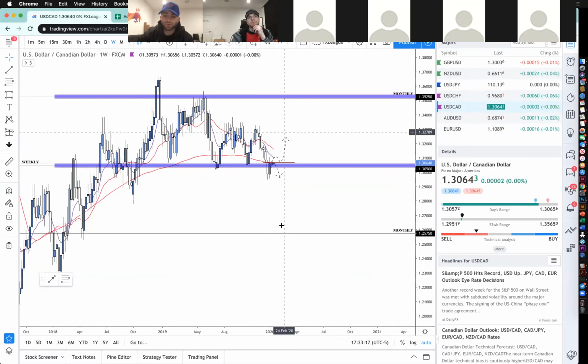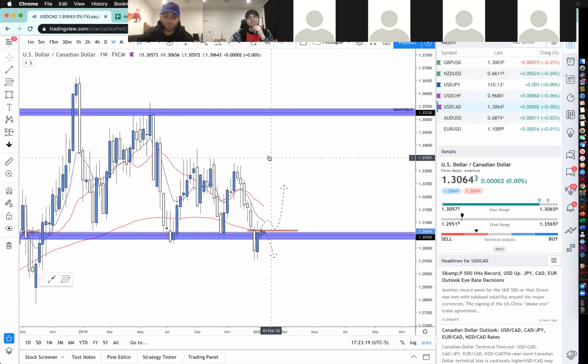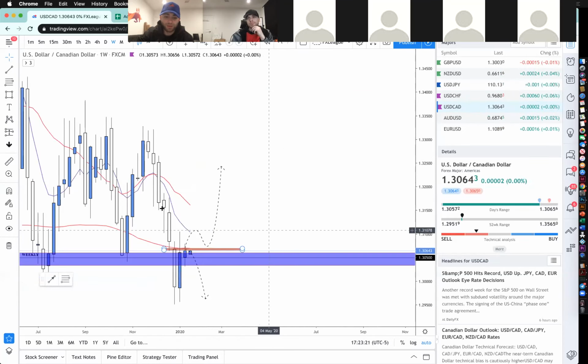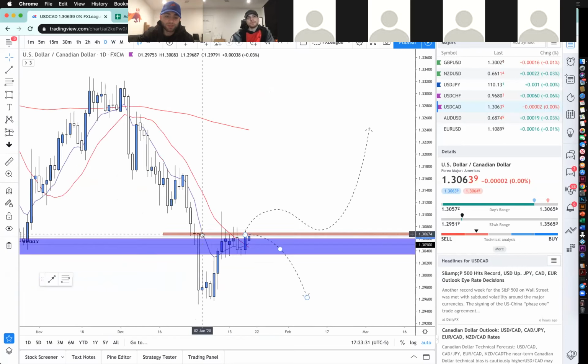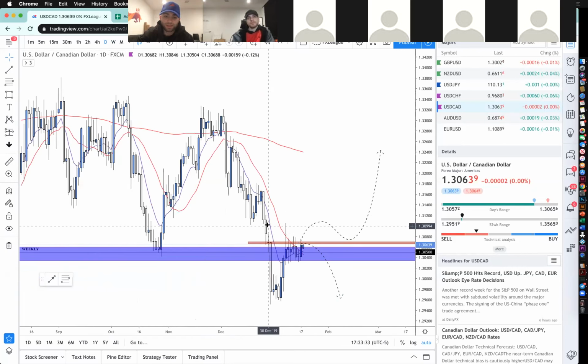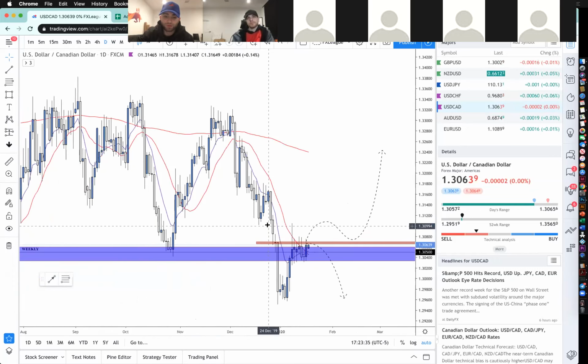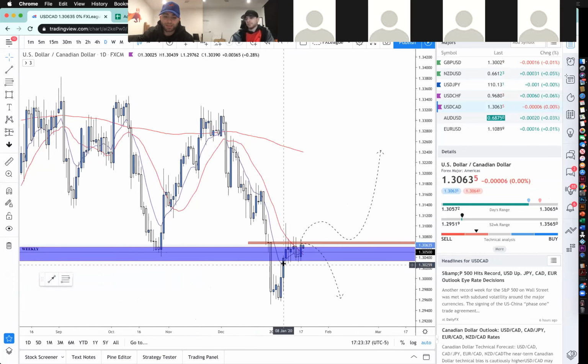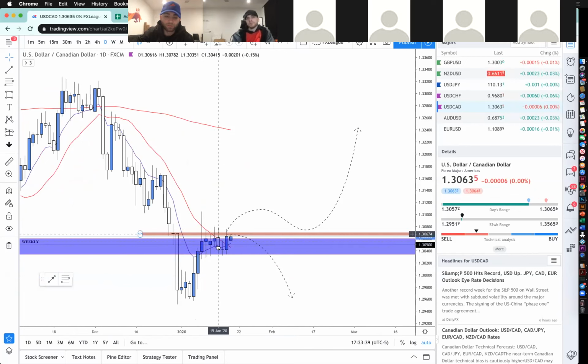A lot of orders have come in at this one area. We're a little overextended, and last week we closed with this doji, showing that we're slowing. We could potentially continue on, but down to the daily, last week we formed a bearish engulfing at this level.